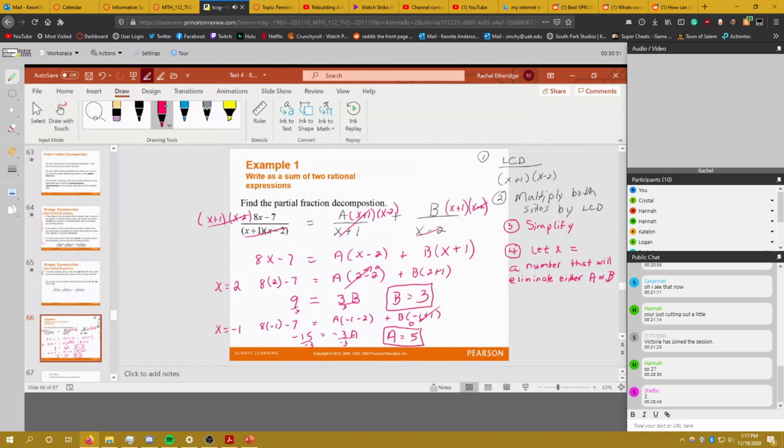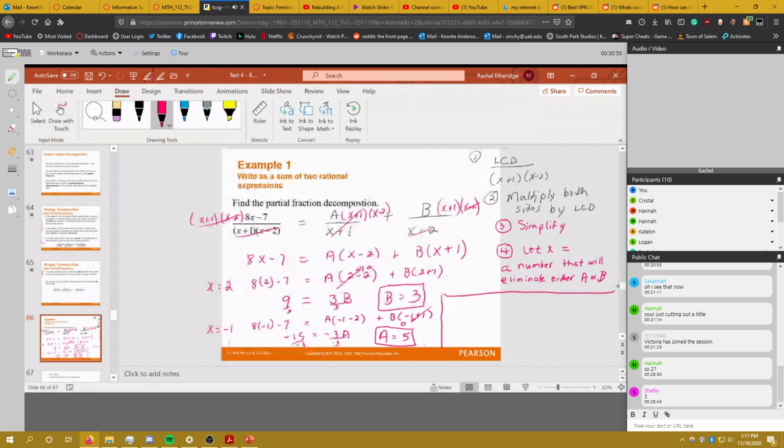So what that tells us in a nutshell is (8x minus 7) over (x plus 1)(x minus 2) equals 5 over (x plus 1) plus 3 over (x minus 2). That is the partial fraction decomposition.